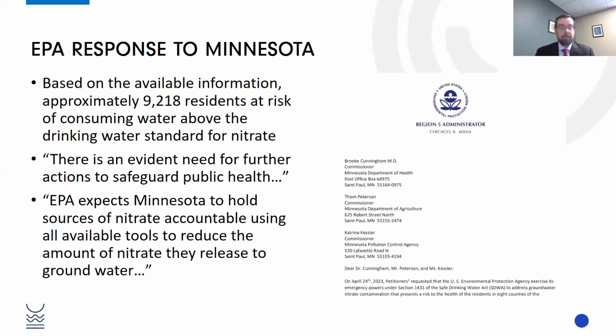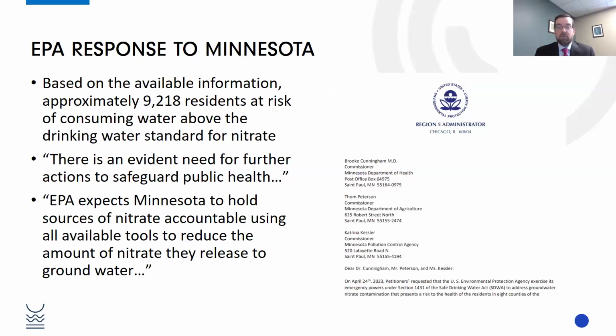Next slide. The EPA response to Minnesota was quite interesting to us. Minnesota petitioned in April of 2023, and in November of 2023, EPA responded, finding that based on the information submitted in Minnesota's petition, there were more than 9,000 residents at risk of consuming water above the drinking water nitrate standard.